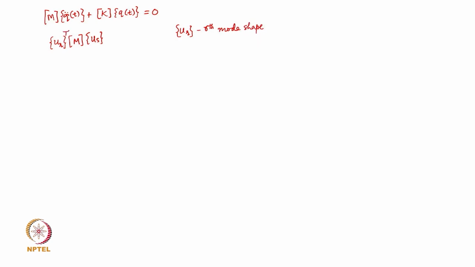What we discussed was that this turns out to be Mr for R equal to S, and this is equal to 0 when R is not equal to S.